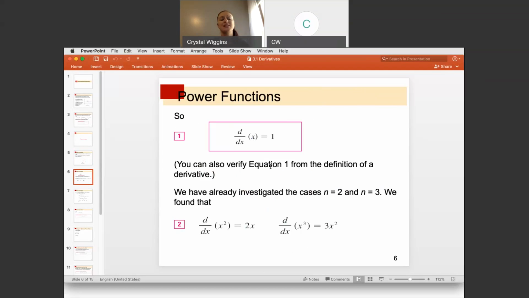Now that you understand, or hopefully understand, the explanation of why the derivative of a line is always a constant number, then the easy way to take the derivative of anything to the first power is to look at the coefficient. So the coefficient of any first power x is going to be the derivative of that term. Examples 2 and 3 here are a little different; we have to use the power rule.